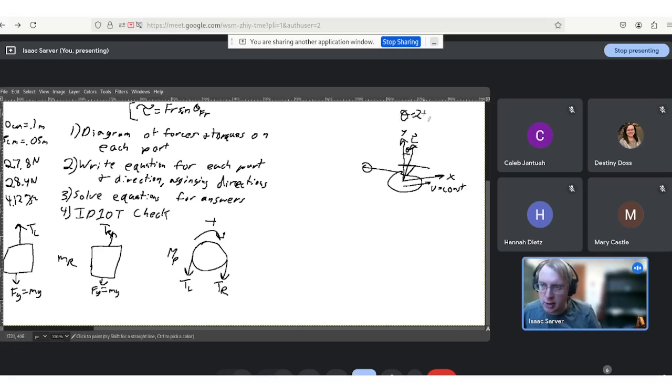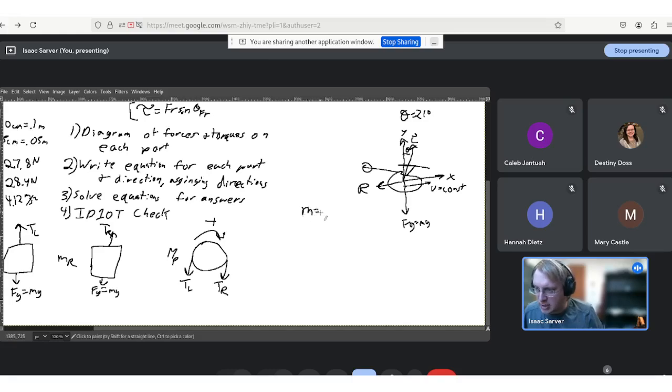Theta is 21 degrees. It has gravity acting on it, and there's some resistance to it.